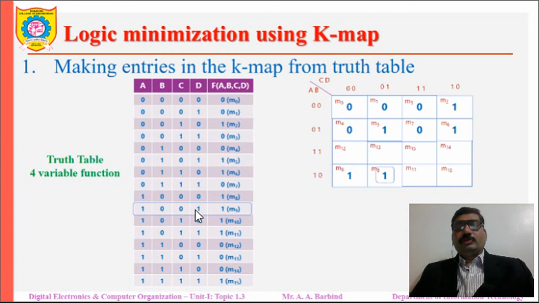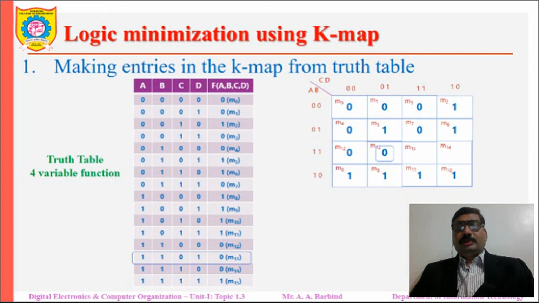The 1001 entry goes to this particular cell, then the 1010 entry goes to this particular cell, and the 1011 entry goes to this particular cell. Now the last row remains in this K-map. This entry 1, 1, 0, 0, for which AB is 1, 1 and CD is 0, 0, goes here.